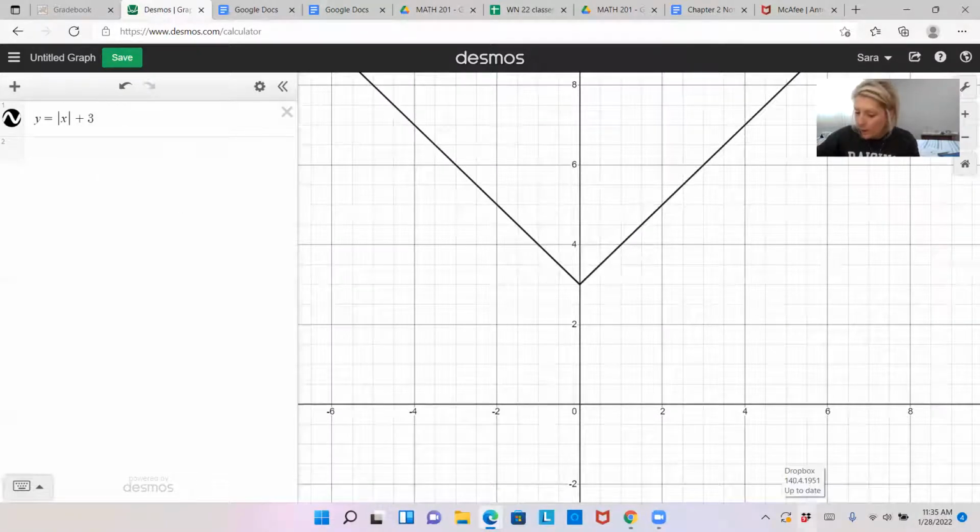If we wanted that to equal 1, it will never actually come out and equal 1. The output of this function can never equal 1. It can never get below 3. So there you go.